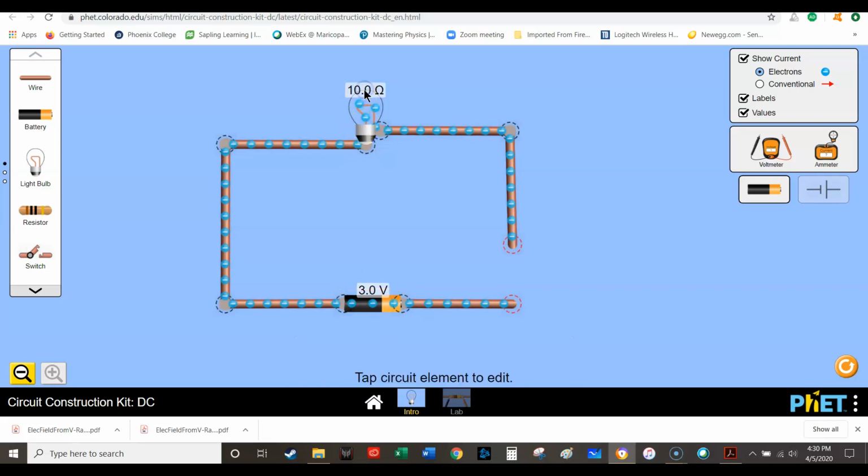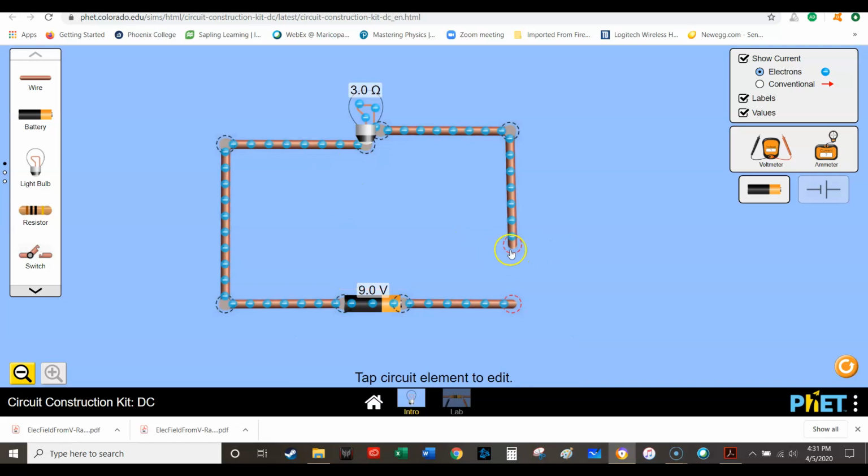And I'm going to go ahead and change this guy to 9 ohms. Actually, let's go ahead and reverse that. Change this to 3 ohms. I like whole numbers. And we'll go ahead and change this to 9 ohms. And I'll show you the reason why I did that in a second.